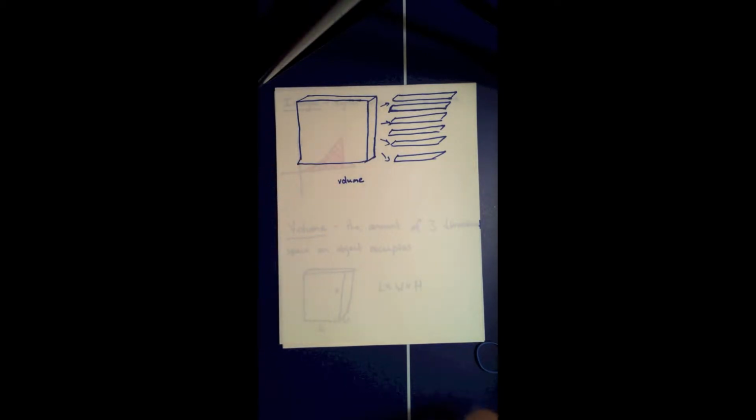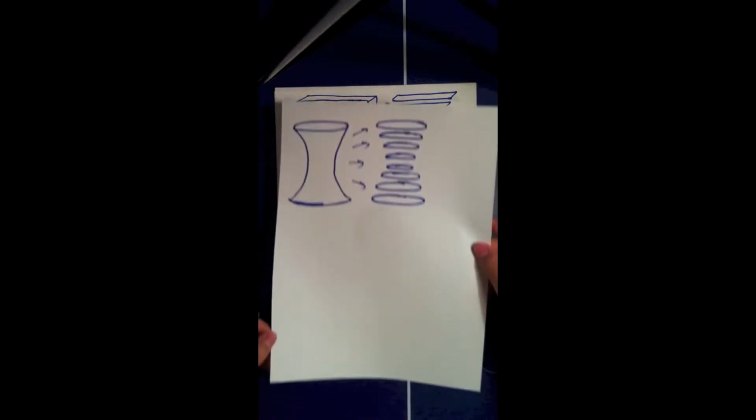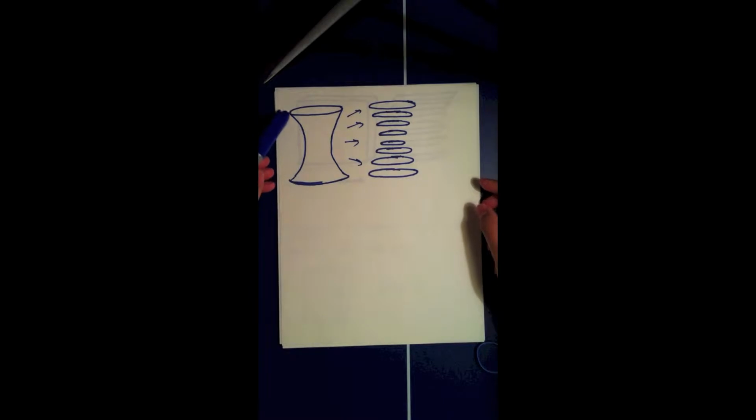So where this could be more useful is if you're trying to find the volume of something like this. A parabolic shape, like maybe a vase or something like that. And here you can't just take the length times the width times the height.